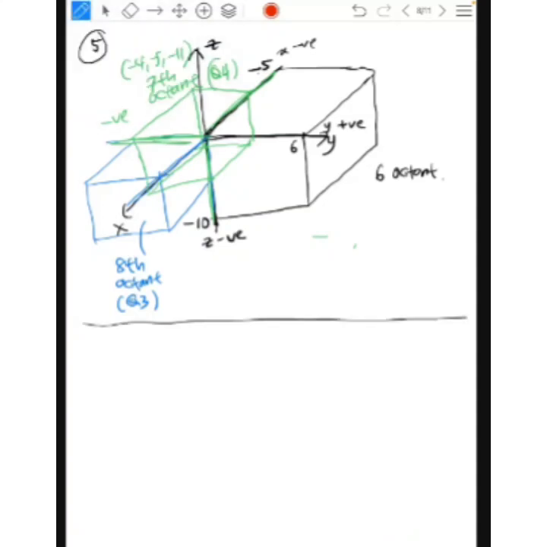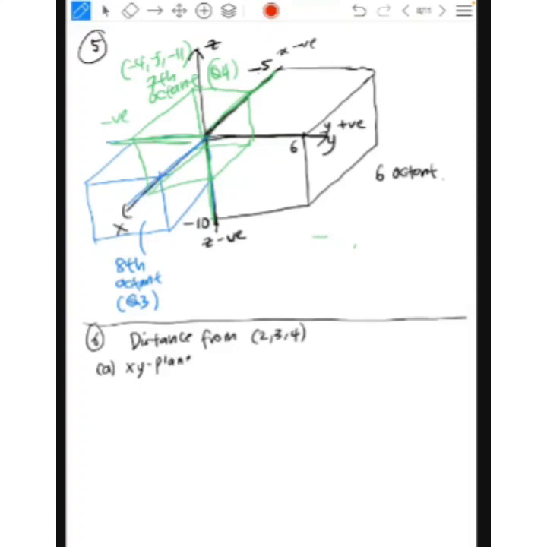Okay, let's look into question number 4, 5, 6. Find the distance from 2, 3, 4 to the point A, which is on the XY plane.